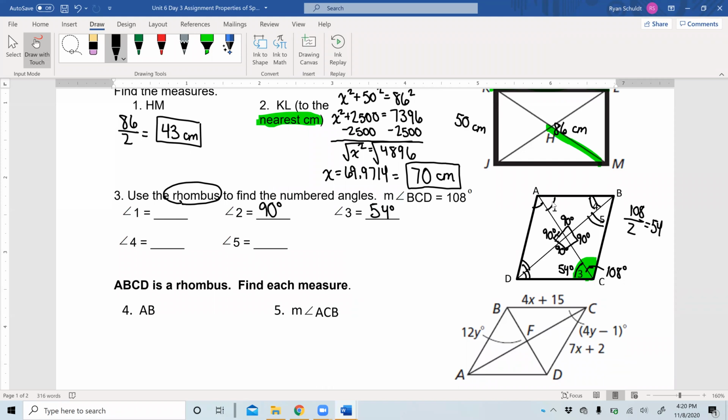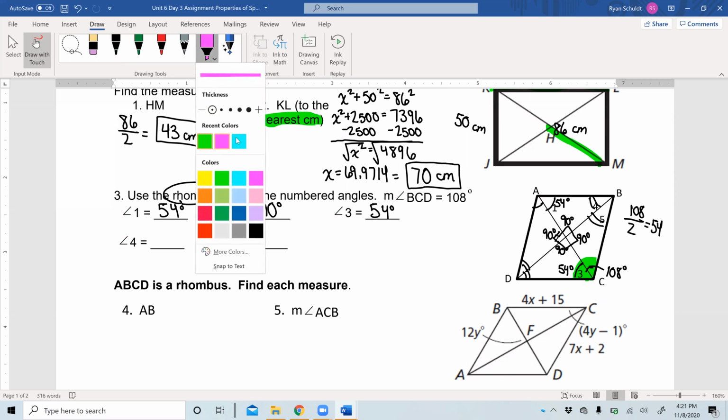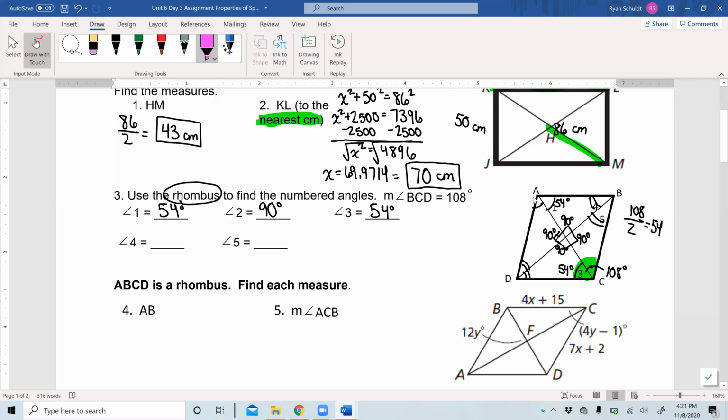But then that means angle 1 has to also be 54 degrees. Now, for 4 and 5, we're kind of stuck at a conundrum right quick. But let's focus on this triangle.